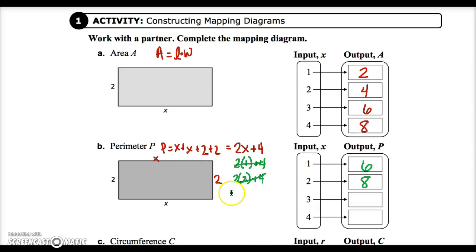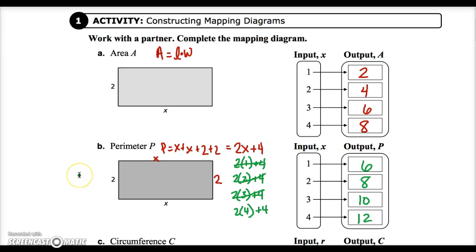If I plug in the number 3, 2 times 3 is 6, plus 4 would be 10. And then finally, if I plug in 4, 2 times 4 is 8, plus another 4 would give you 12. So really all we're doing on these is taking the x values that they give us and plugging them into an equation for whatever they're asking us to solve. And our answers go right over here in the output column.